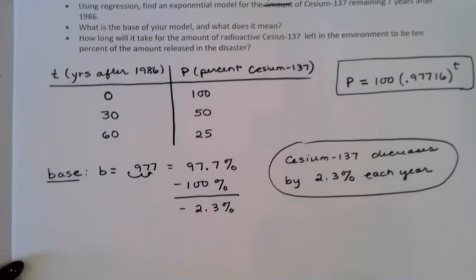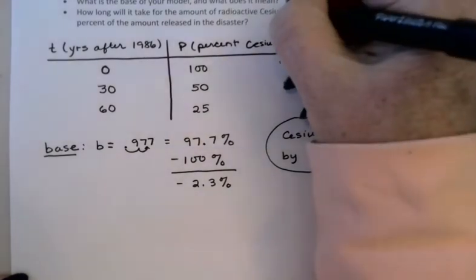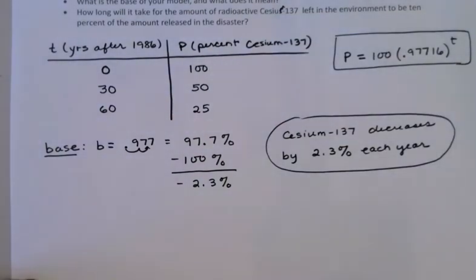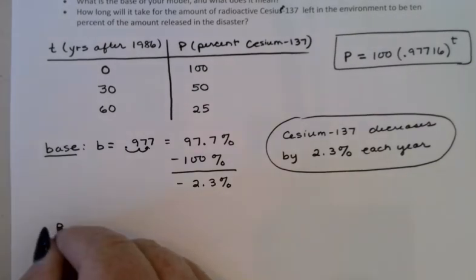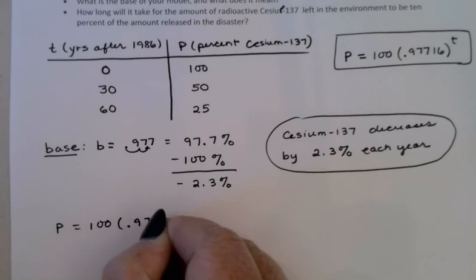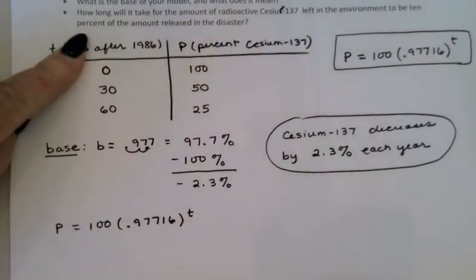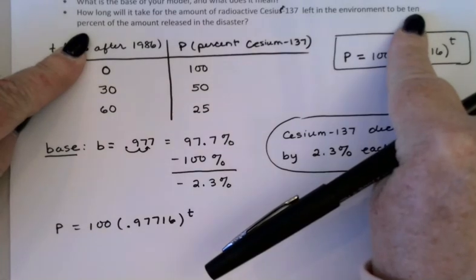All right, finally, how long will it take for the amount of radioactive cesium-137 left in the environment to be only 10% of the amount released? So I go to my equation, P equals 100 times 0.97716 to the t, and I want the percent to be 10.